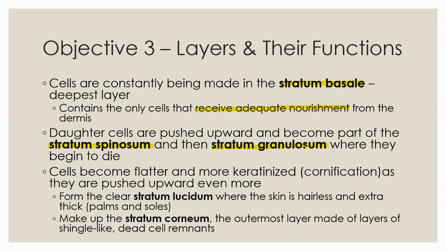So from here on up, they're all dead cells. They become flatter and more keratinized, which is that process of cornification. They become tougher and flatter. In the tissues that have the stratum lucidum, in the palms and soles, and those flattened keratinized cells also make up the stratum corneum, that superficial layer on the outside.